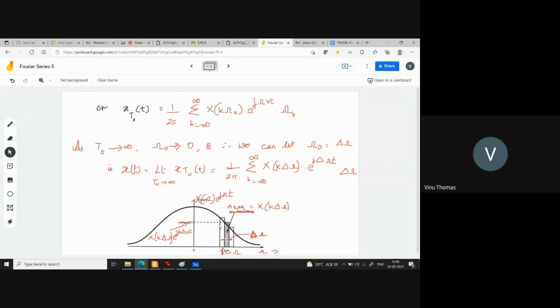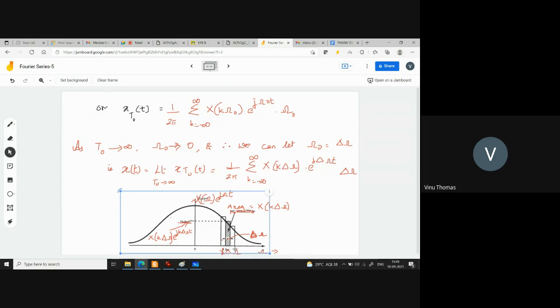Here you can think of this amplitude as X of k delta omega into e raised to j k delta omega t, and you can consider an infinitesimally small value delta omega. In essence, the product of these two is the area of this shaded rectangle.